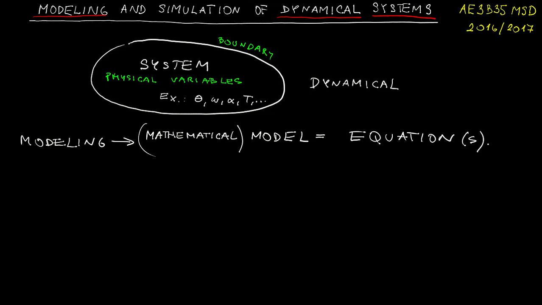And now I can give the promised a little bit more rigorous definition of a dynamical system. So dynamical system is a system which is modeled by equations when some of those equations, at least some of the equations, are differential equations.